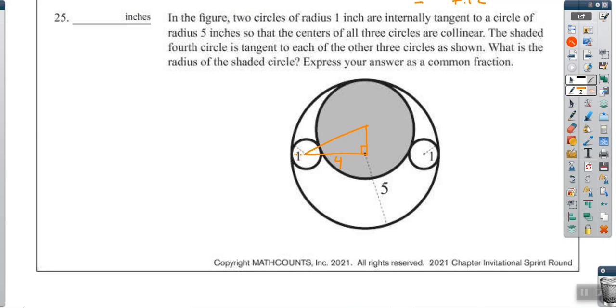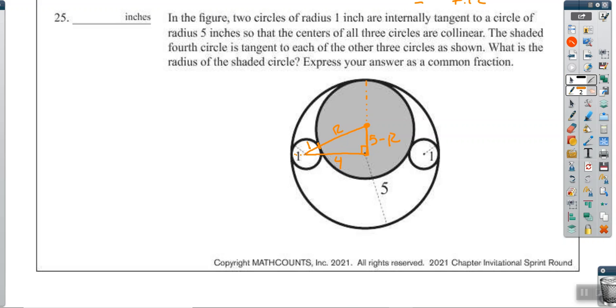So this is my radius, and then I have 1 extra here, because the radius goes to here, and I have 1 extra. And then this distance here, if I continue this radius from here all the way up, is going to be 5 minus my overall radius, because here's the center point.